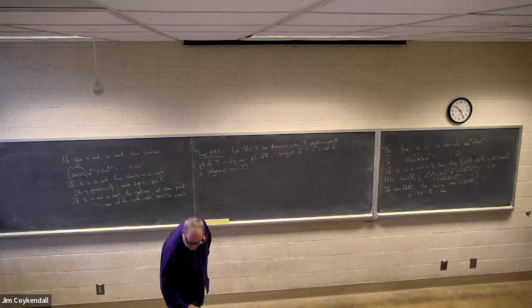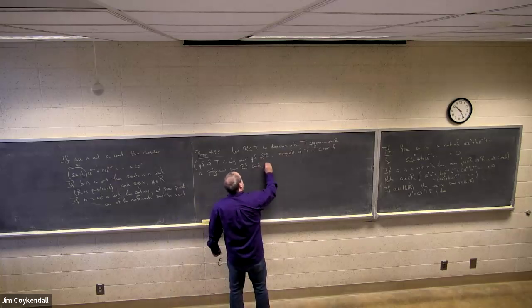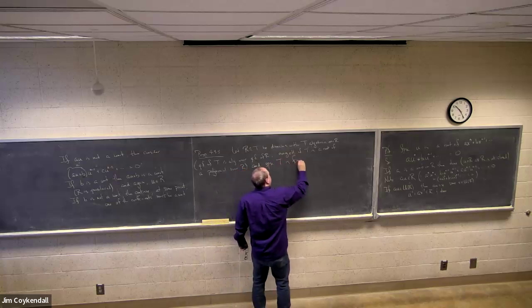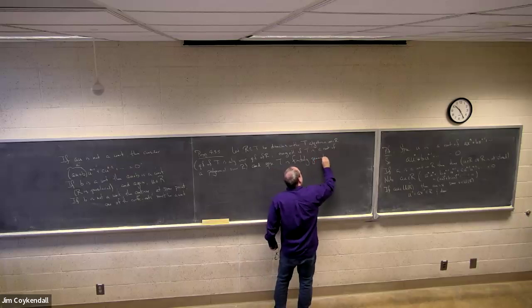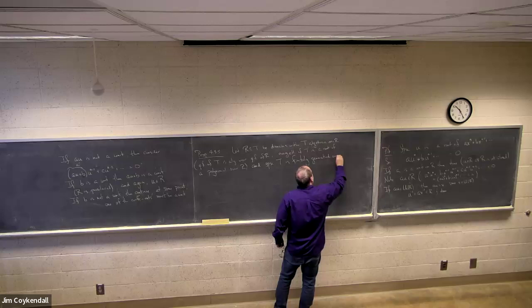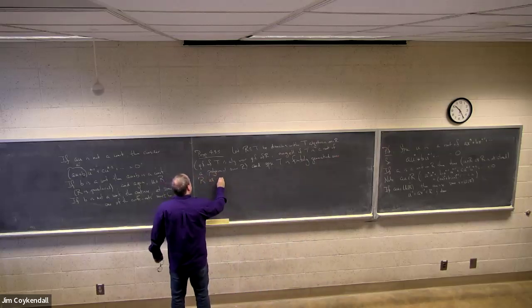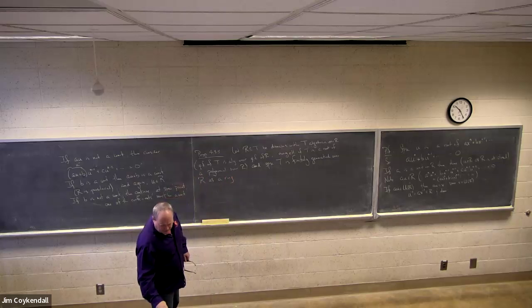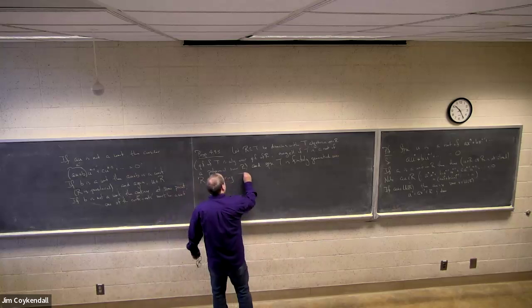Suppose T is finitely generated over R as a ring. Then R is a G domain if and only if T is a G domain.